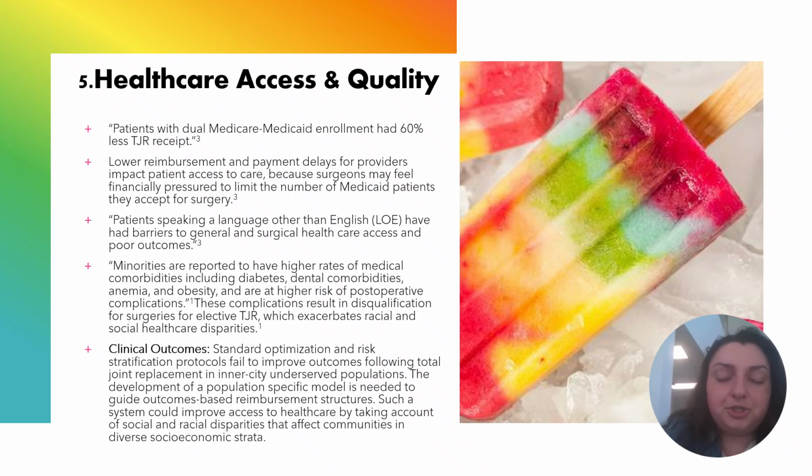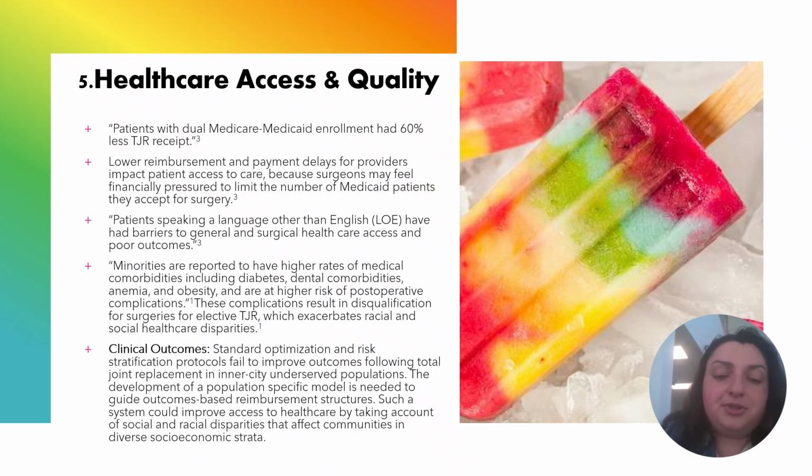So the last social determinant we will discuss here is healthcare access and quality. Just to underscore the previous points, the patients who had Medicare and Medicaid enrollment had 60% fewer surgeries documented as completed. And this could be due to the payment and insurance models.